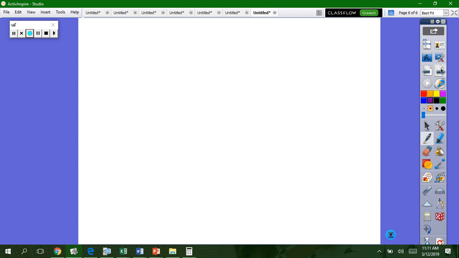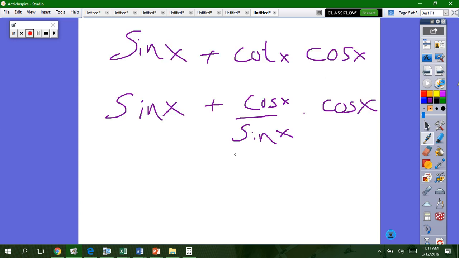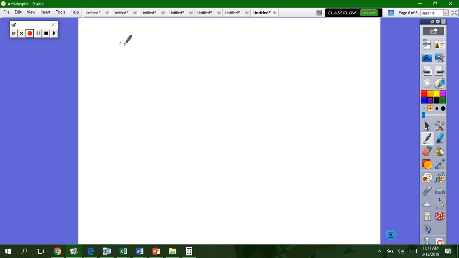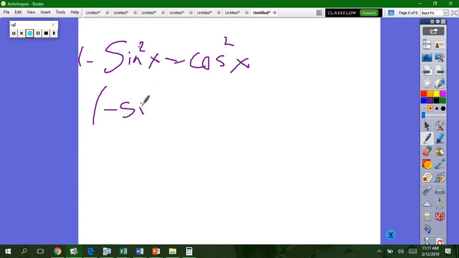So understand, he said, just to be off on topic, because we know that 1 minus sine squared of x equals cosine squared. I see a lot of kids do this. I see a lot of kids say, oh, then 1 minus sine is cosine.